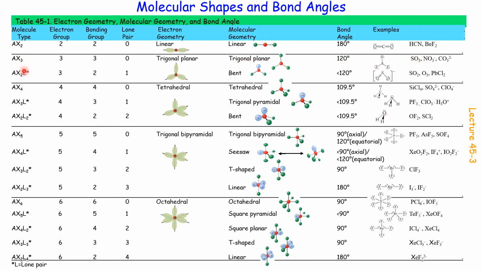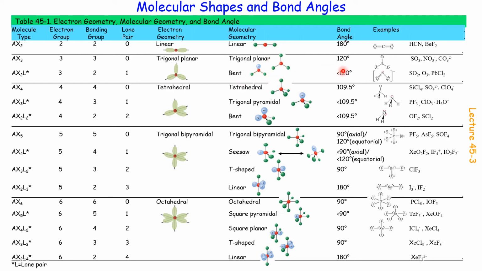The other type of molecule with a total number of 3 electron groups is 2 surrounding atoms and 1 lone pair. Therefore, there are 2 bonding groups and 1 lone pair. Electron geometry is still trigonal planar because electron geometry is determined by the total number of electron groups. However, the molecular geometry is bent because there are only 2 surrounding atoms, not 3 like in this trigonal planar molecule.